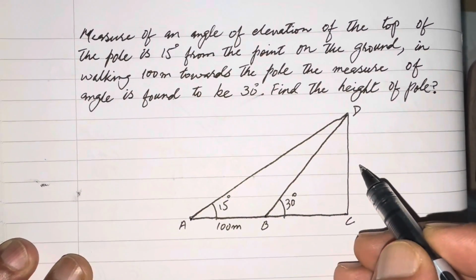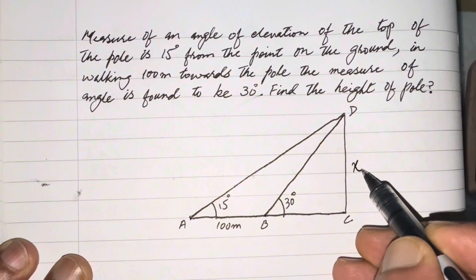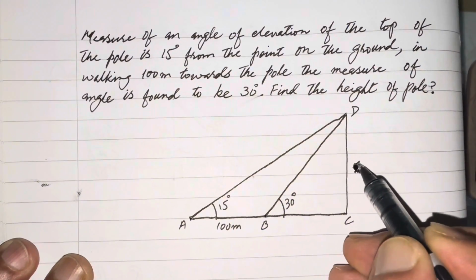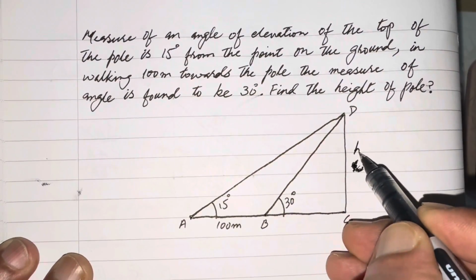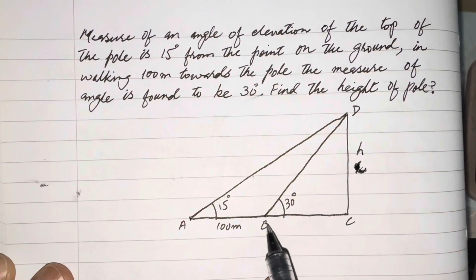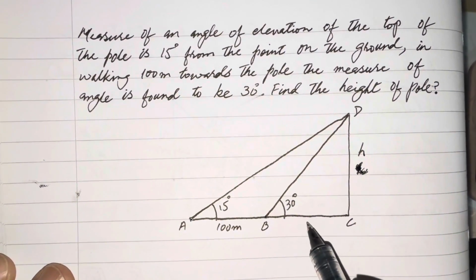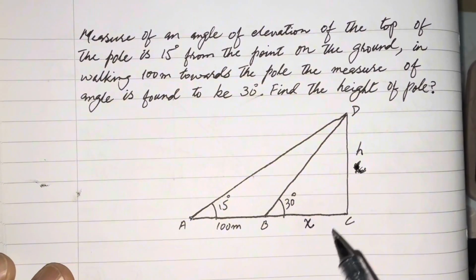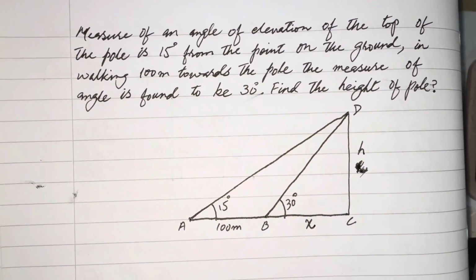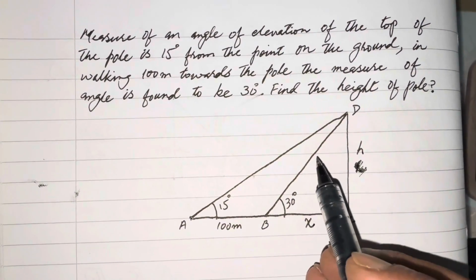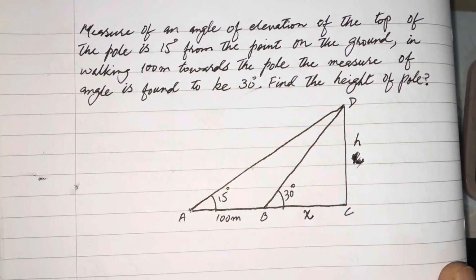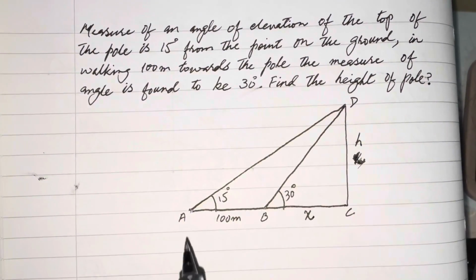Let's say this one is H, the height of the pole, and suppose the distance from B to C is X. So that's how we have to draw the picture according to this statement.